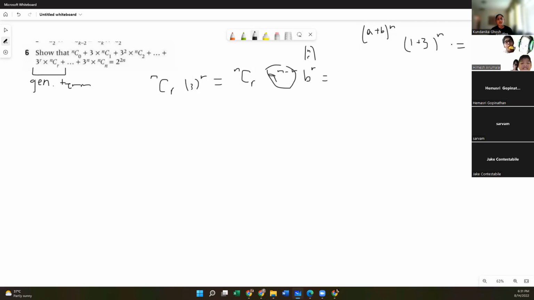So 1 plus 3 is 4 to the power of n. 4 can be rewritten as 2 to the power of 2, and then the whole thing to the power of n, right? And if you have one exponent to the power of another exponent, you can multiply the two exponents. So you have 2 to the power of 2 times n, which is 2n. So that equals 2 to the power of 2n, as you're required to show. So you got the answer.